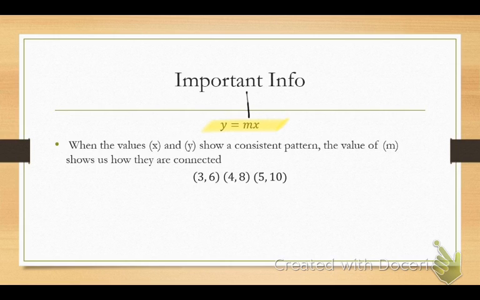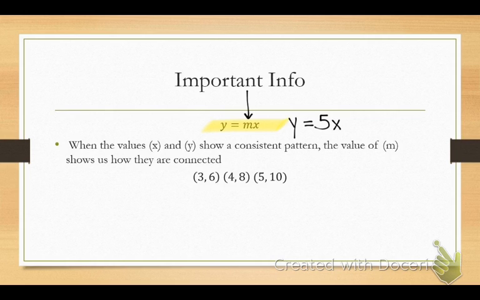Okay, so m represents my rate of change. Basically, it's the missing piece that tells me what I'm doing to x to get to y. So let me give you a sample equation. If I said y equals 5x, what am I doing to my x value to get to my y? I'm multiplying by 5. So if I were to have an x value of 2, what would my y value be? 10.